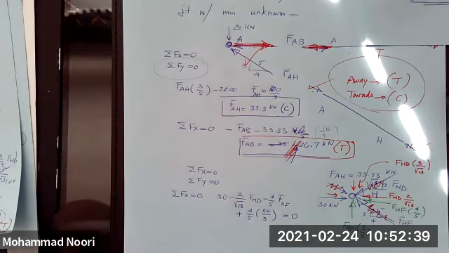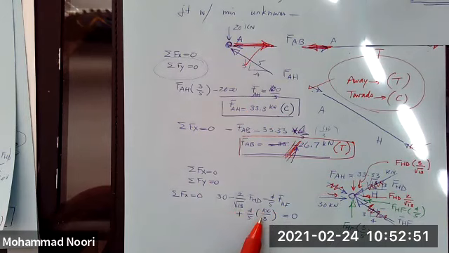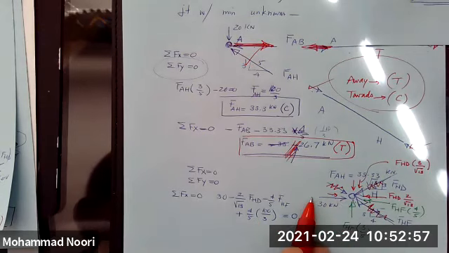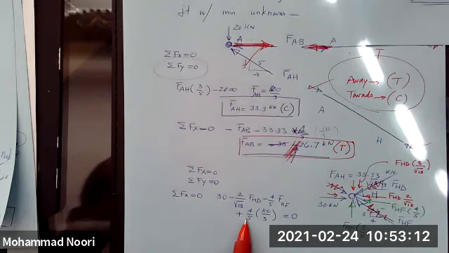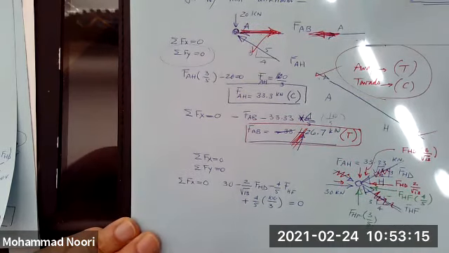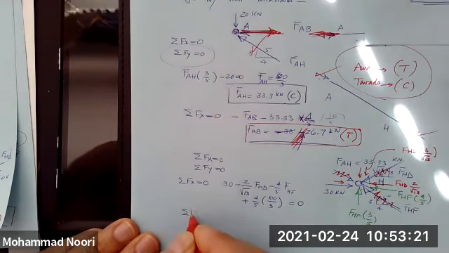That's the first equation. Let me double check. 30, this is 2 over square root 13, this one is 4/5, and this is 4/5. Any questions here? We need to simplify this, but let's first write the other equation.